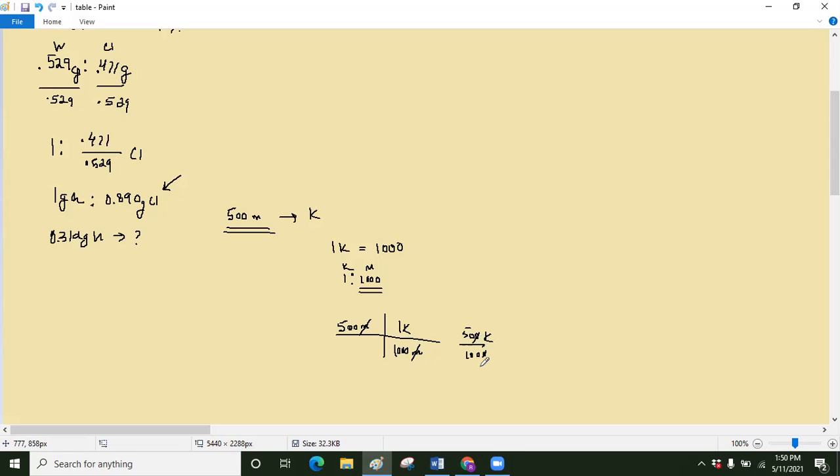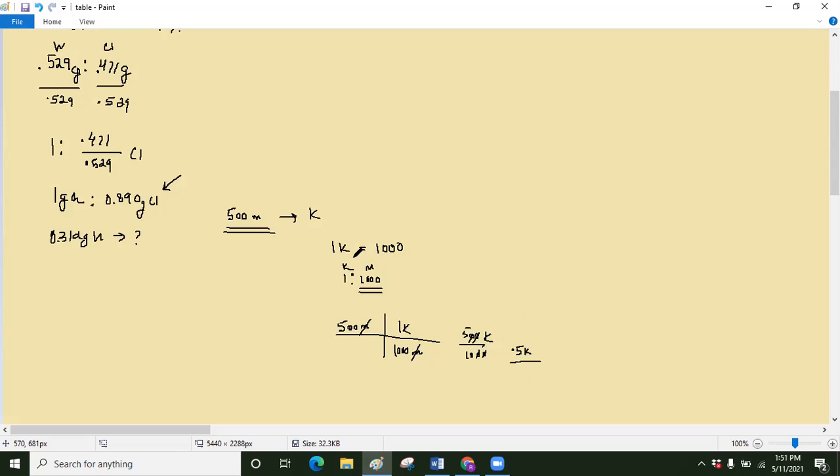Simplifying this down, you get 5 over 10, which is just 1 over 2, which is just 0.5. So 500 meters in kilometers is essentially 0.5 kilometers, which makes sense, because if 1 kilometer is 1,000 meters, then 500 meters is going to be half of a kilometer.